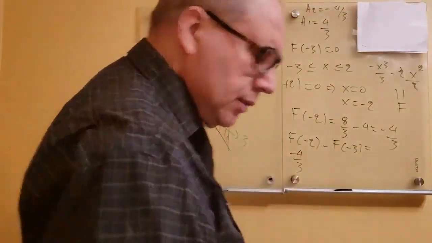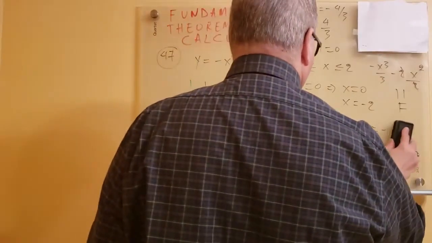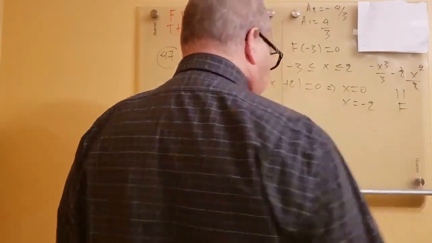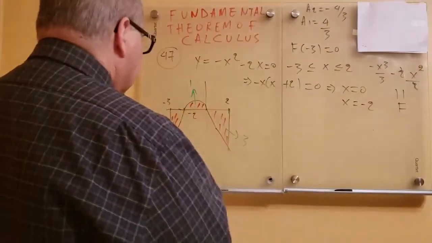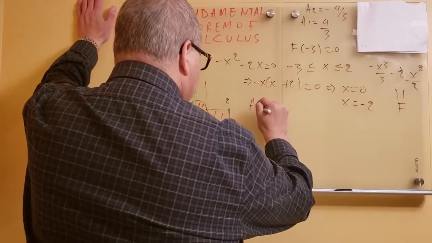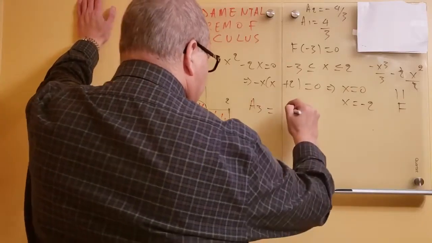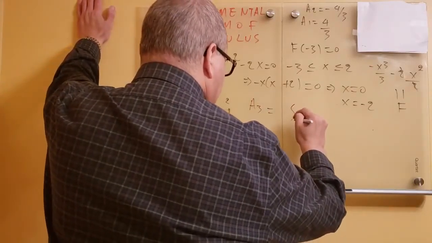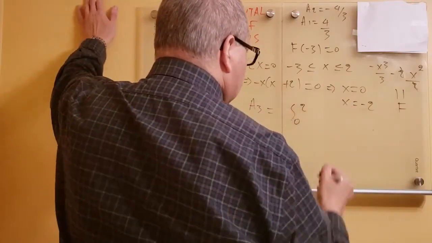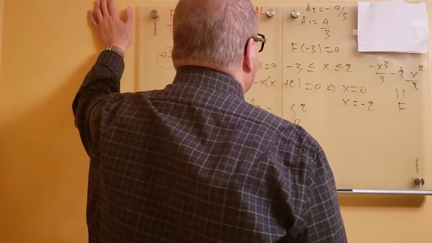And finally, you have to find the area number 3, which actually should be equal with the definite integral from 0 to 2 of the same function.